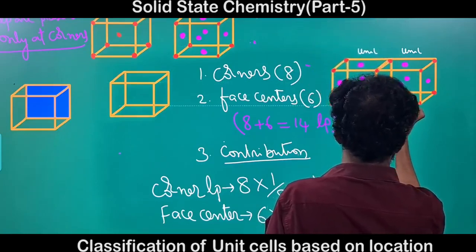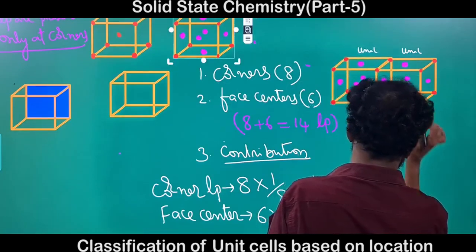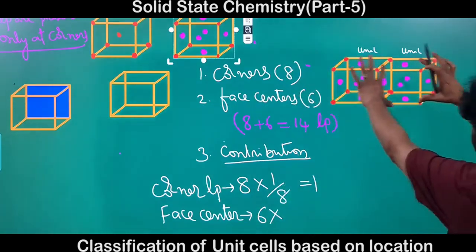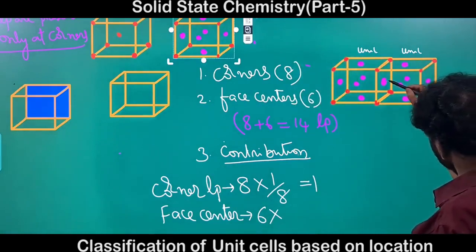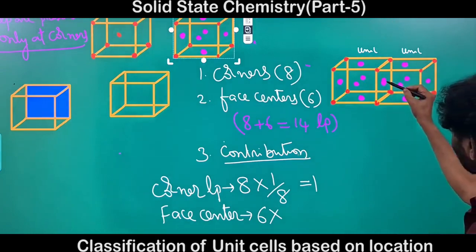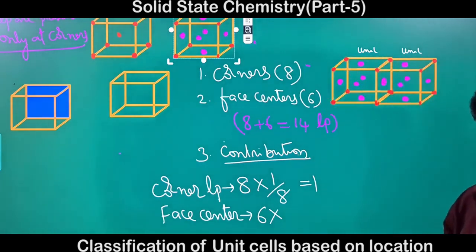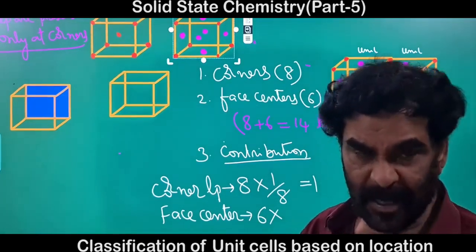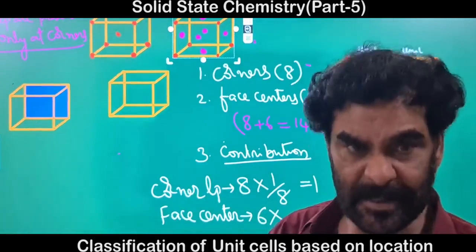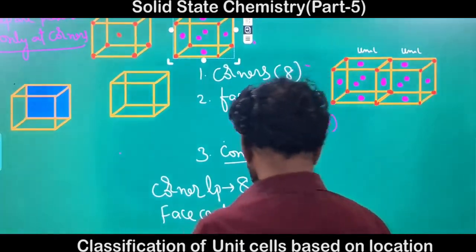I am merging now. See, it became the common face to both of them. Now, two unit cells are combined. This is contributing to this face center. Its contribution is half for this, half for this. It covers the two unit cells. The contribution of each face centered lattice point is half.